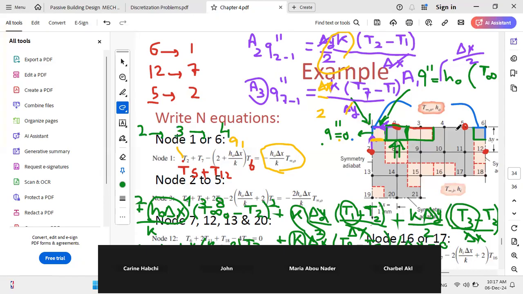And when I consider the equation of node 5, 2 is equivalent to 5. Now, for cell 2, point 8 is the one just below it. But in cell 3, instead of 8, I will have the point just below 3, which is 9. In cell 4, I will have 10, and in cell 5, I will have 11.